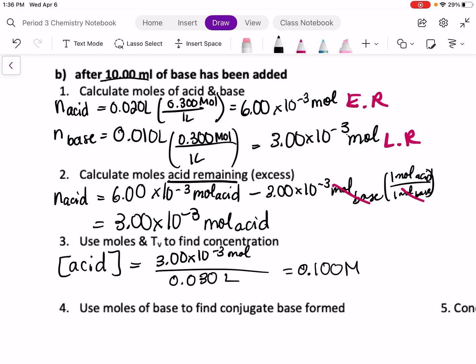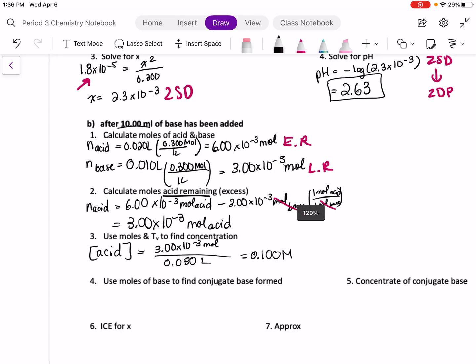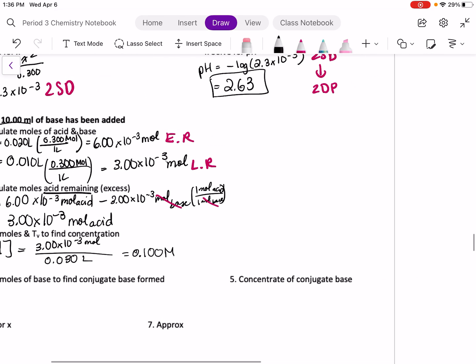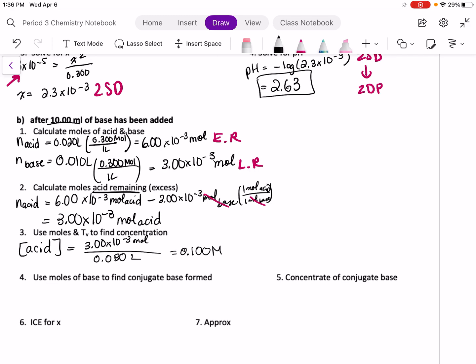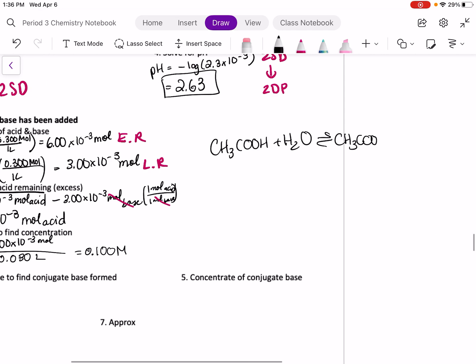Now, we also have to look at what's happening here. So we have our acid reacting with water to make this and hydronium, as we saw in our previous example.